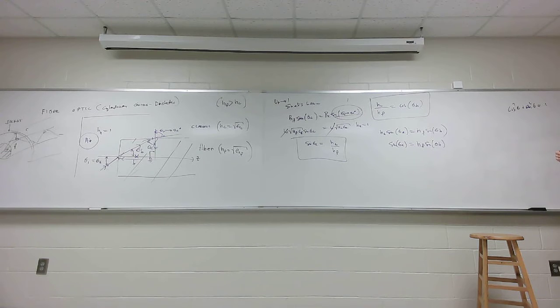Y'all with me on that? And that means the cosine of theta is equal to plus or minus the square root of 1 minus sine squared theta. Y'all follow me? All right.